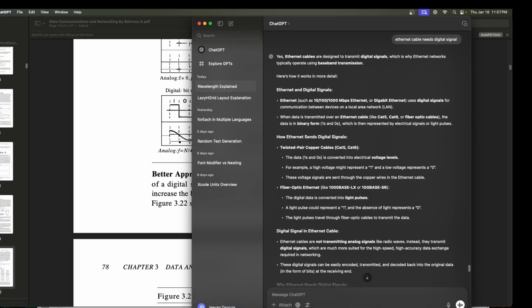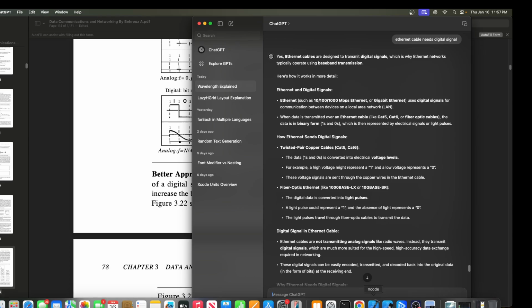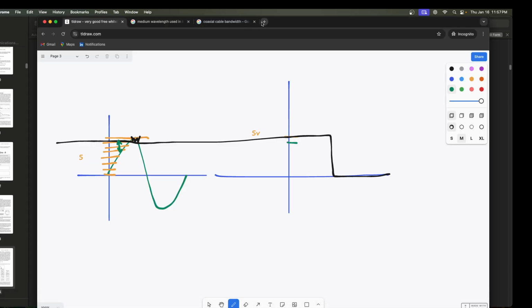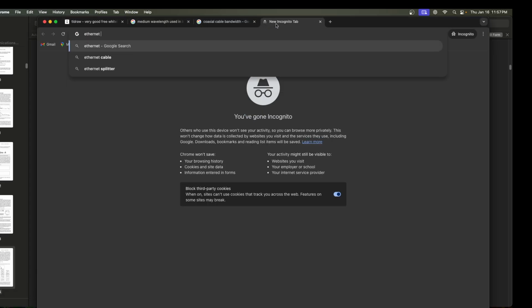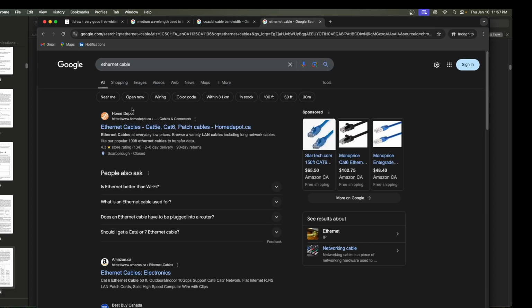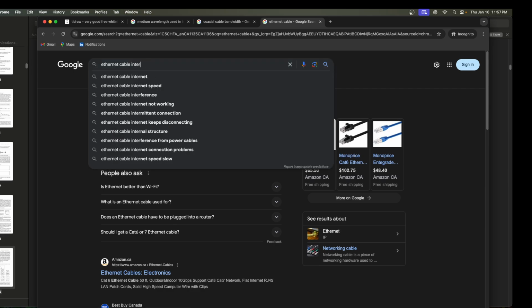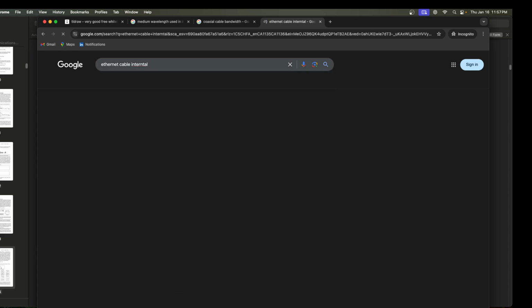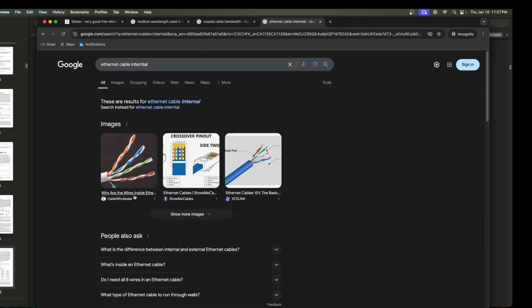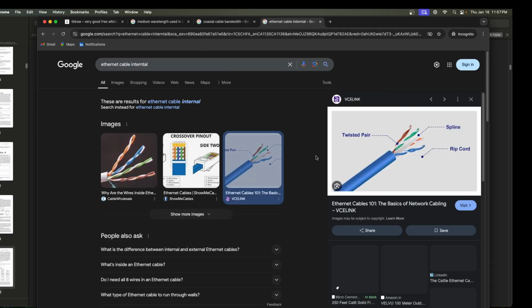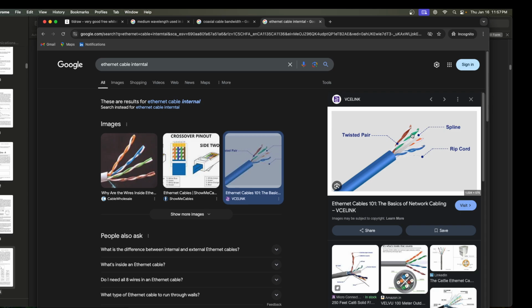Let's see how an Ethernet cable looks. Let's dissect it. Internally, this is a twisted pair, right?